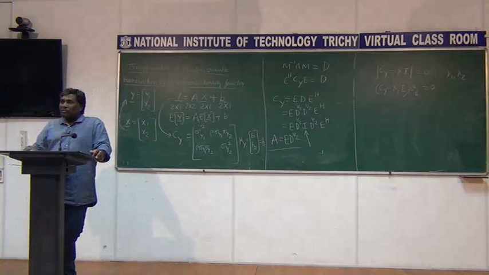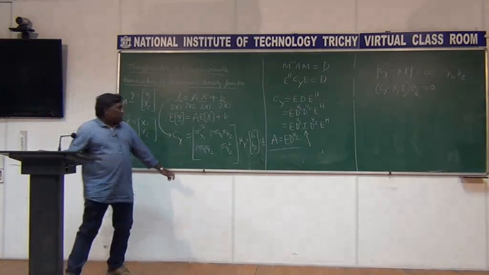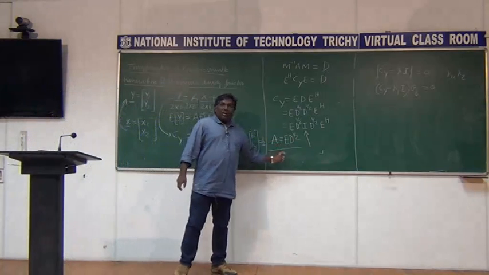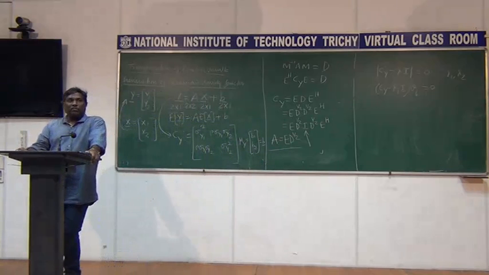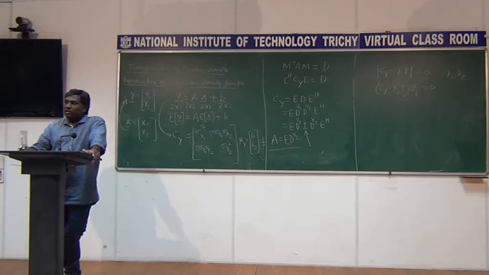So square root of lambda 1, square root of lambda 2, that you substitute here for D. And E is a matrix in which each column is the vectors V1 and V2. Right? So once you know this A, then it is very straightforward conversion. What is that? Y equal to AX plus B. X is known, which we already generated.